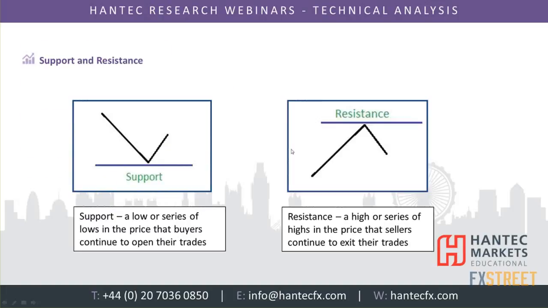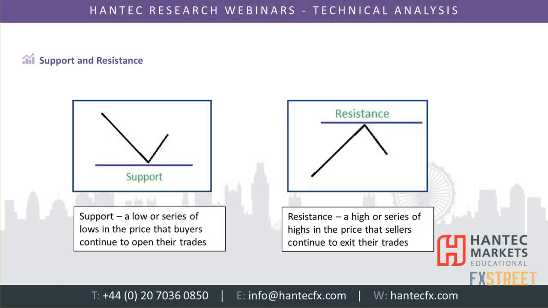So I'm going to start off with the theory that we've got going here on support resistance. Basically, support is the build-up of demand in the market at a certain price. It is the price level at which demand is thought to be strong enough to prevent the price from declining any further.